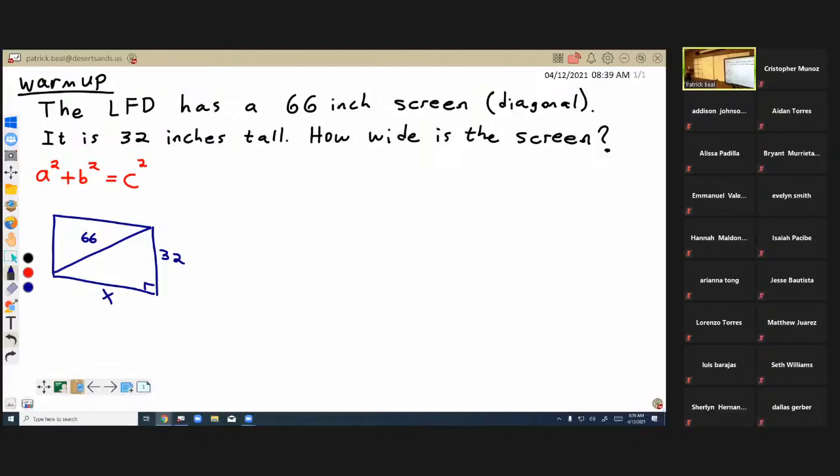Plug in A, B, C. Let's start with C. What should we plug in for C?